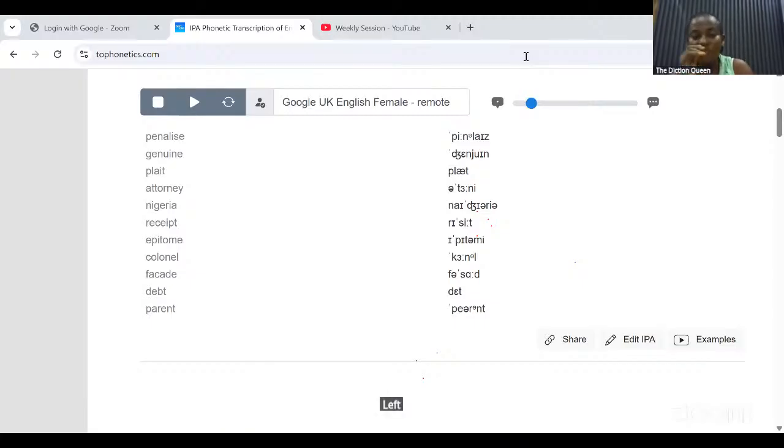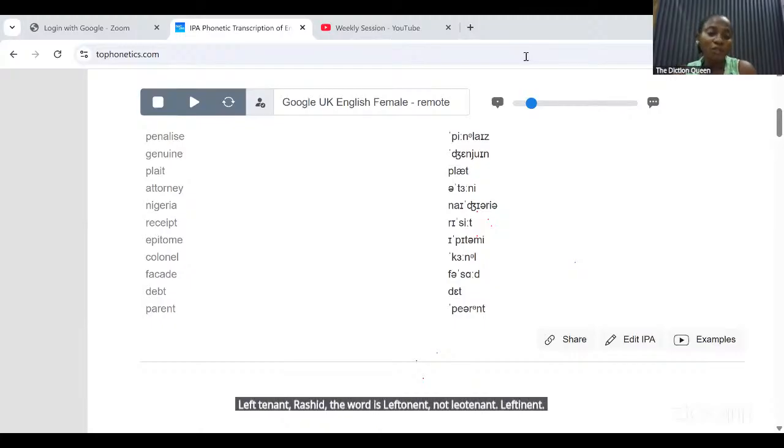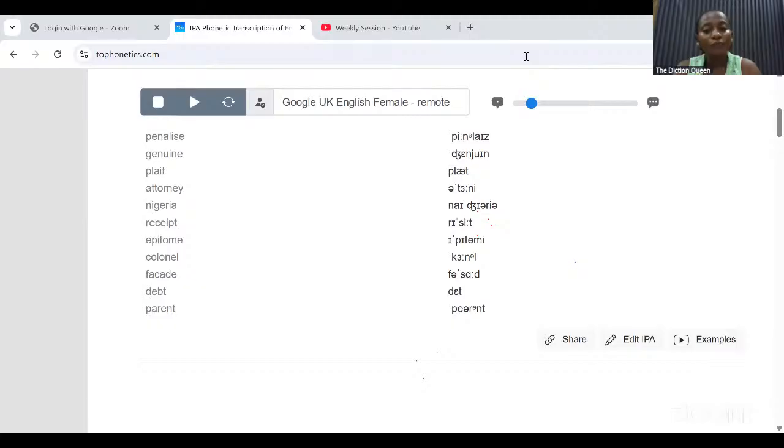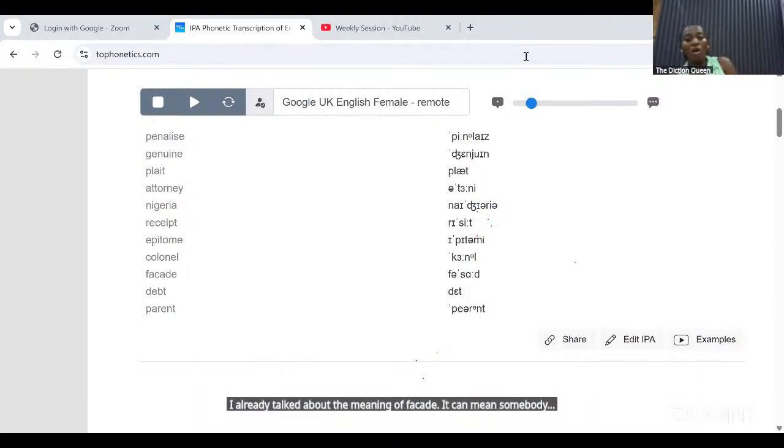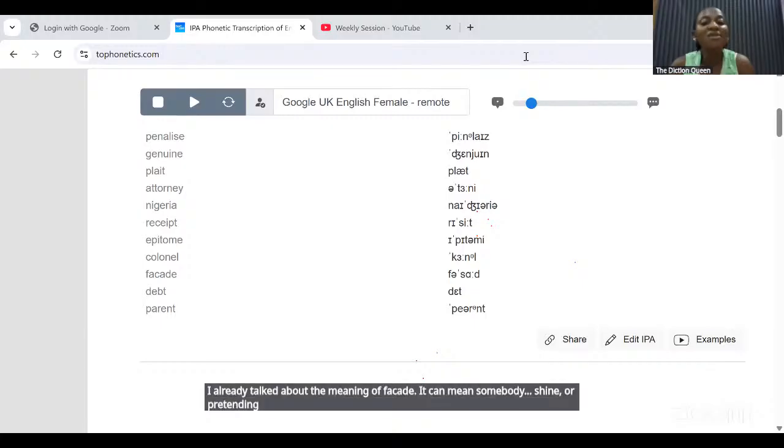Lieutenant. Rashid, the word is lieutenant, not lieutenant. Lieutenant. He's a lieutenant. I already talked about the meaning of facade. It can mean somebody showing or pretending to be something else.